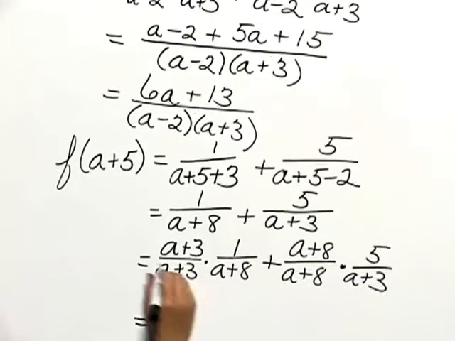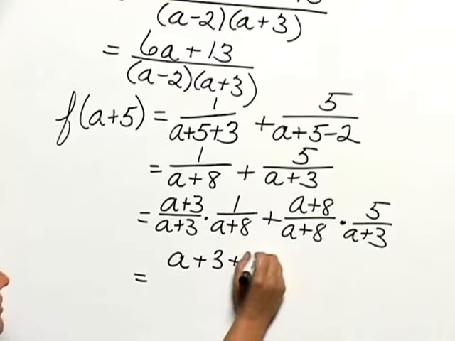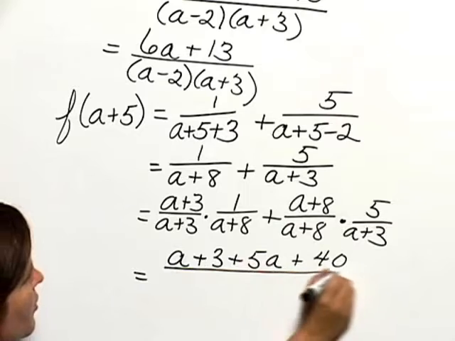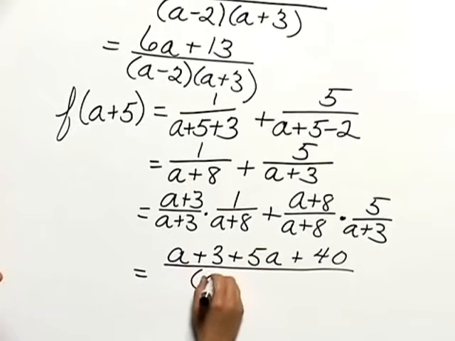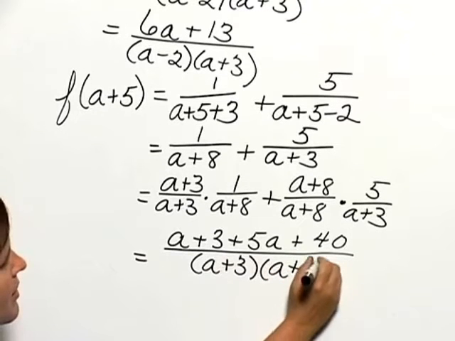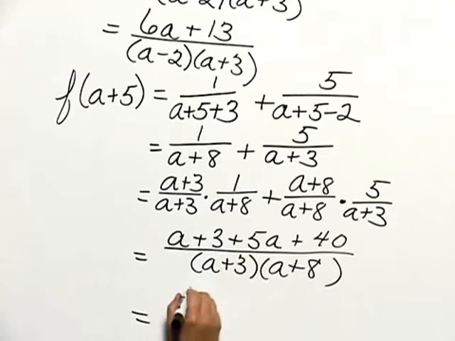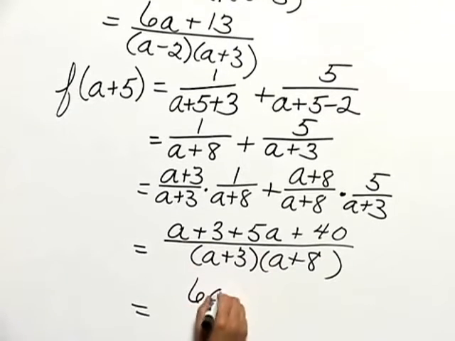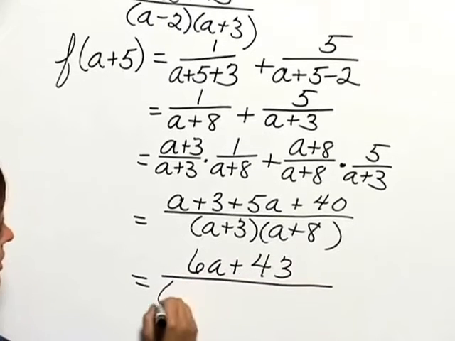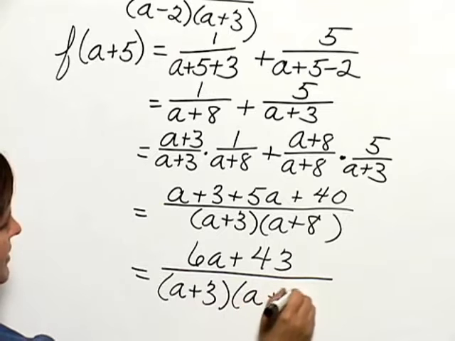And that gives us in the numerator a plus 3 plus 5a plus 40, all over the common denominator of a plus 3 times a plus 8. Which, if we add, we get 6a plus 43 over a plus 3 times a plus 8.